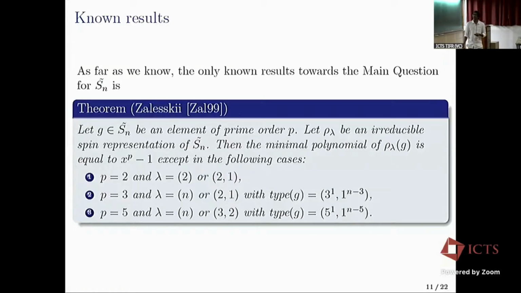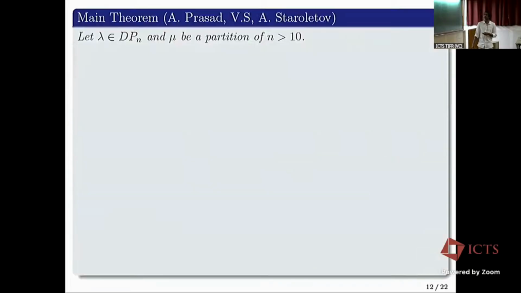There is one infinite family when lambda equals n, also called the basic spin representation. I'll tell you the explicit minimal polynomial. So for p equal to 3 and p equal to 5, there is a basic spin representation where the corresponding minimal polynomial is not x to the power p minus 1 but a proper divisor of it. Okay, so what's the main theorem?